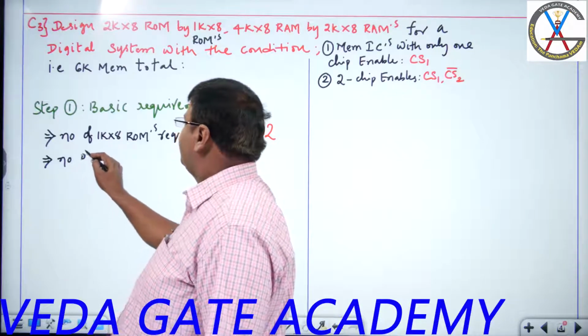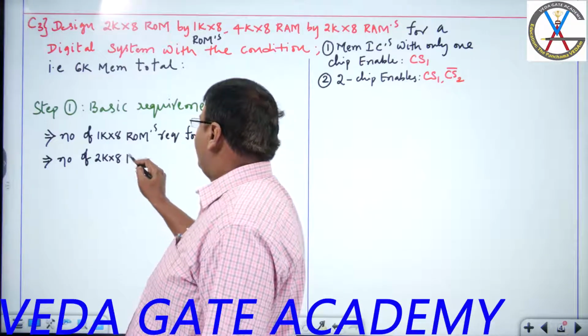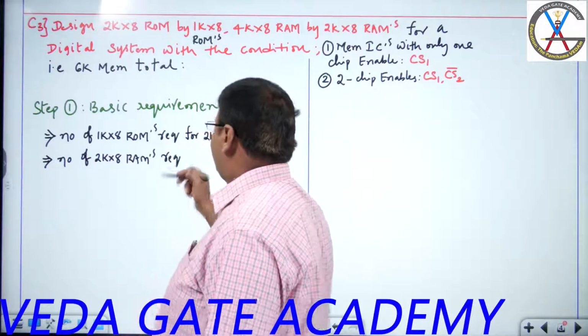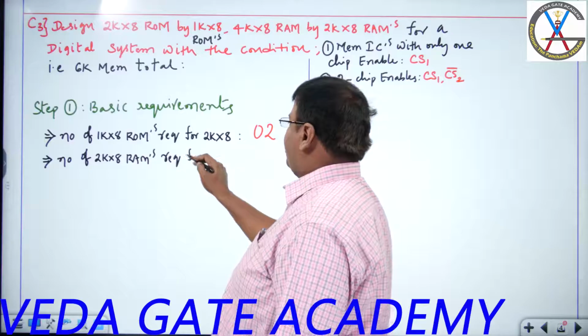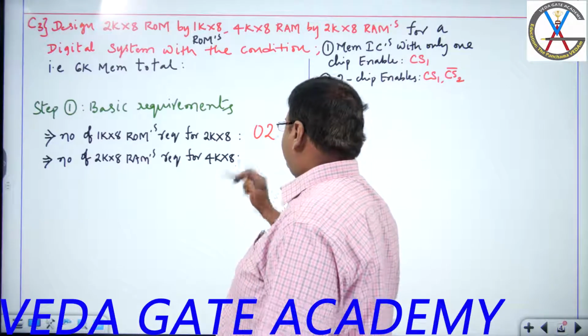Number of 2K into 8 RAMs required for 4K into 8. Again 2, right?